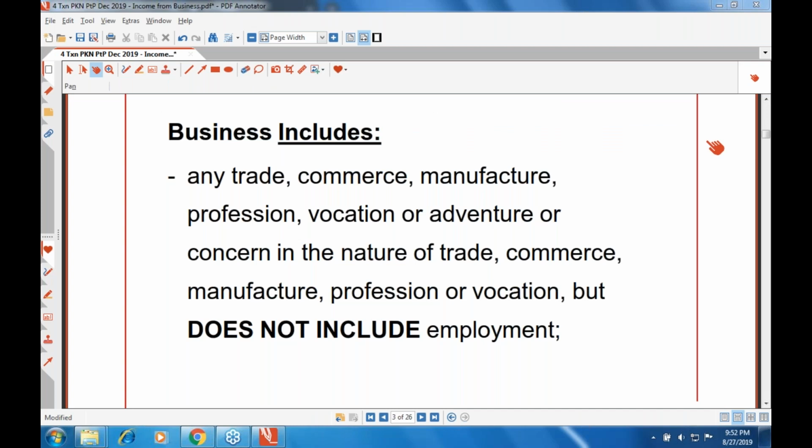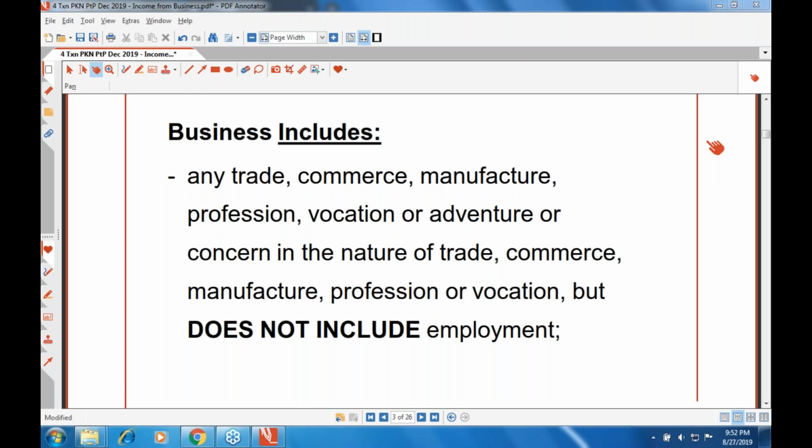I did mention earlier in yesterday's session also, when we talk about an inclusive definition, what exactly do you mean by it? The inclusive definition means that whatever the word meaning is in the dictionary, that meaning is followed, and in addition to that meaning, additional things are also followed.